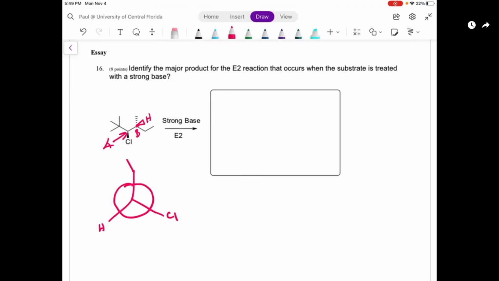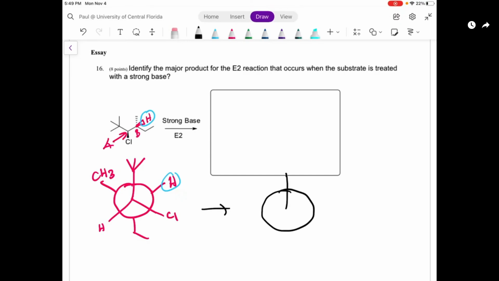Okay. Like that, and then we have the back carbon like this, and my methyl. Now what we have to do is realize that it's this hydrogen and that hydrogen are the same thing, and I need that antiperiplanar to the chlorine. So if I take the back carbon and rotate that, so I'm going to leave the front carbon alone.